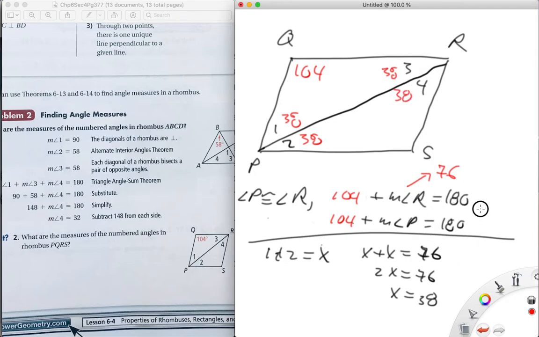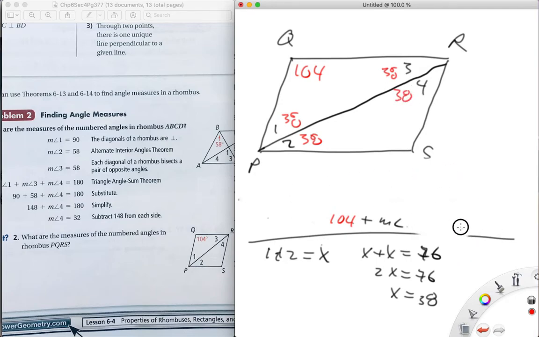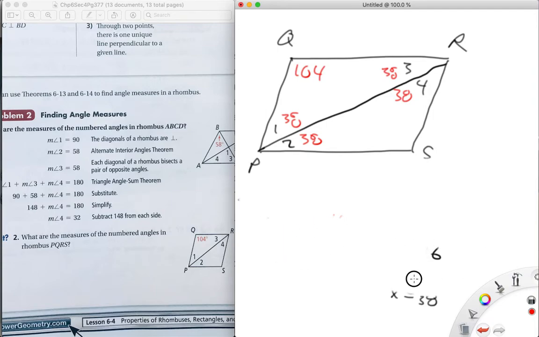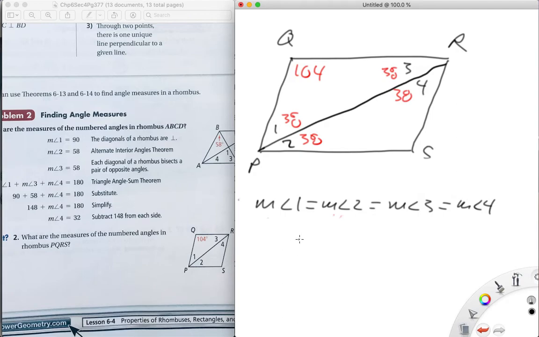So ultimately I can say that the measure of angle 1 equals the measure of angle 2, which equals the measure of angle 3, which equals the measure of angle 4, and that equals 38 degrees.